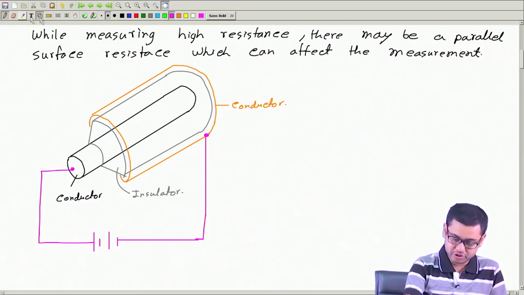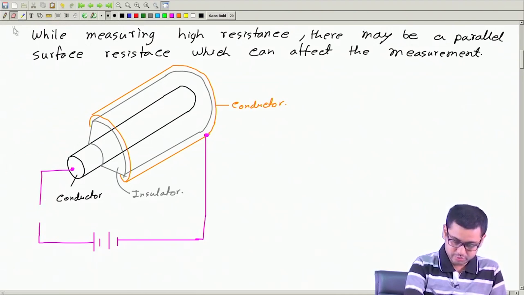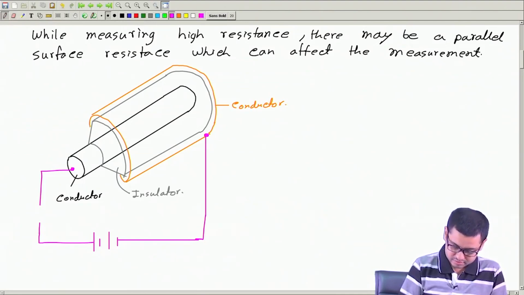Okay. So, we will put say an ammeter. Okay. So, let us put an ammeter. Okay.